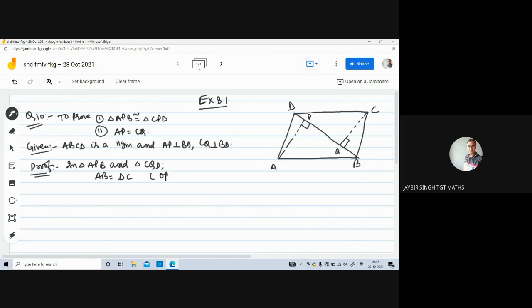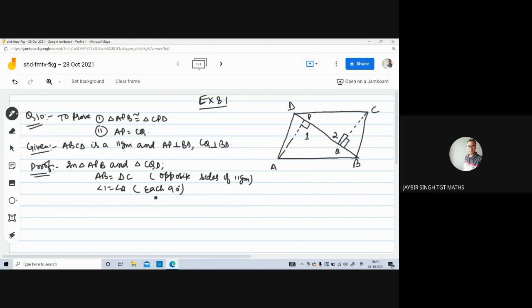These are opposite sides of parallelogram. Second, you can see this angle is 90, so this angle will be 90 also. Angle 1, angle 2. So angle 1 is equal to angle 2, each 90.